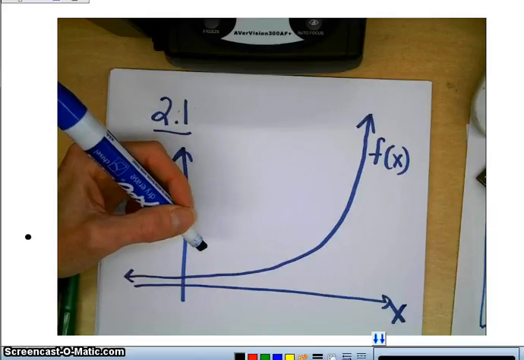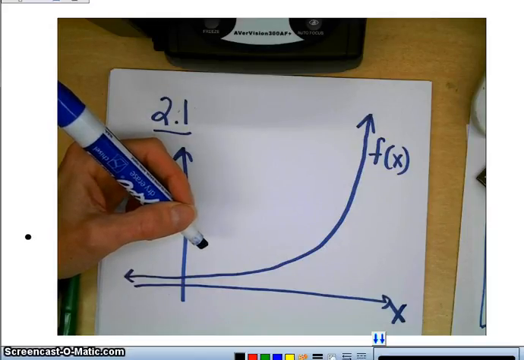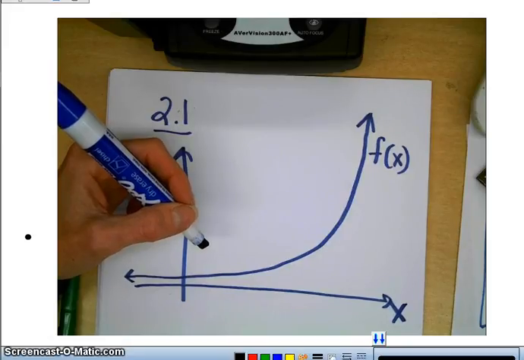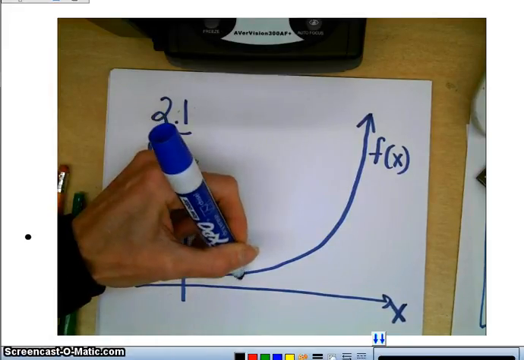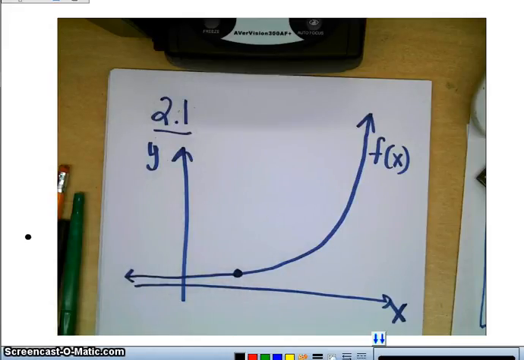Okay. So they thought, all right, you know how you can find the slope of a line? They're like, hey, what if I wanted to find the slope of that curve right there? Why would you want to? Well, because slope is actually like rate of change, or how fast something is moving.